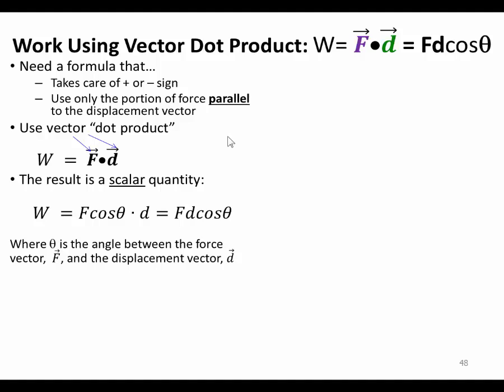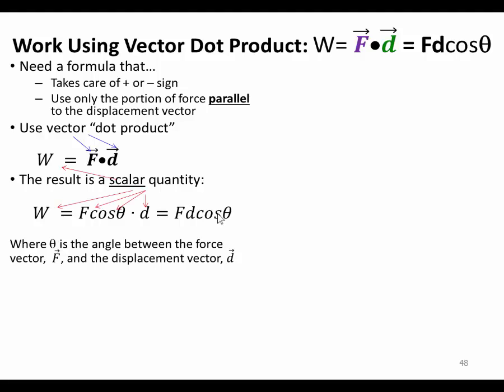When we do this, we take the magnitude of F, which is just our F right here, multiply it by cosine of theta, which gives us our F in the x direction from our previous case, and then multiply it by the magnitude of d. In short, we typically say this is F d cosine theta. We'll revisit that a little later and see if this is a commutative function or not.